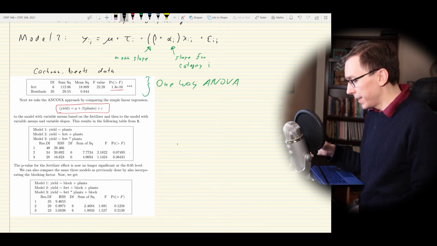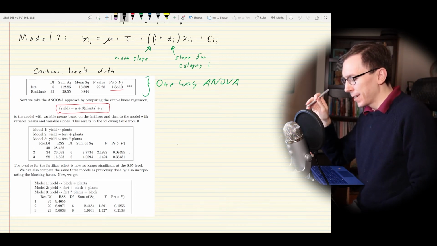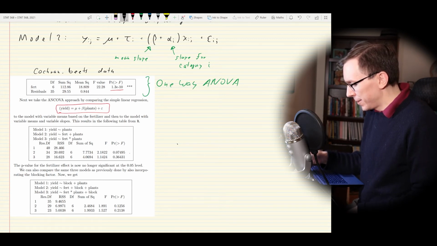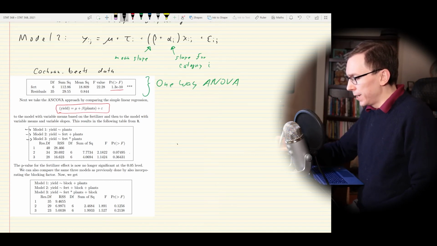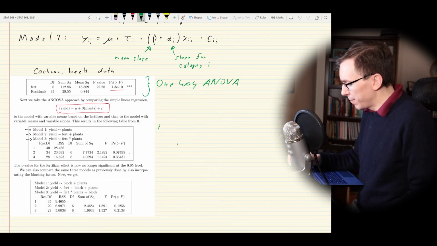And what we do here is we have different ways of fitting this model in R. So we have here models 1, 2, and 3 in this table. The first one, in some sense, is actually the model 0 from above. So model 1 is just linear regression.